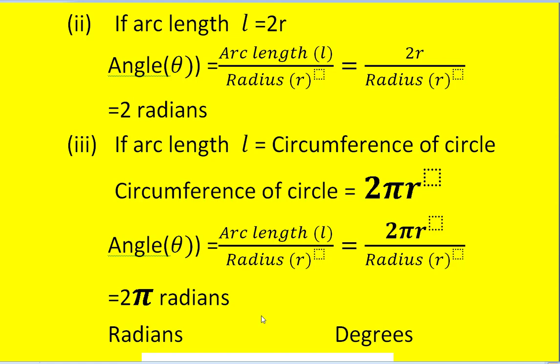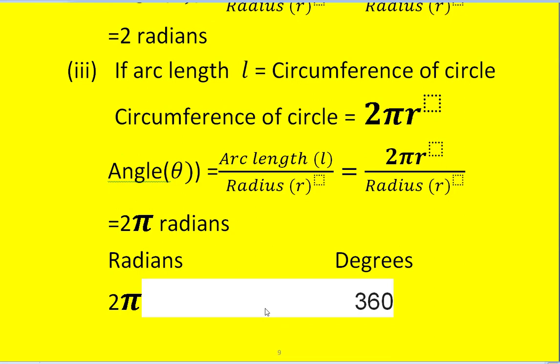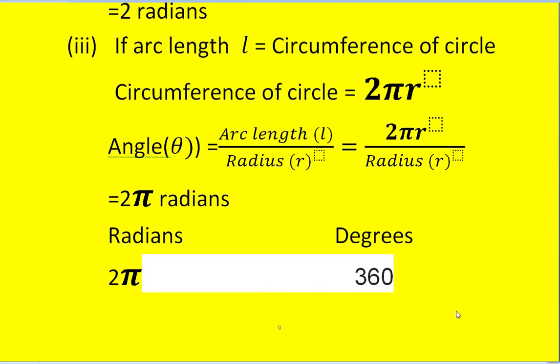So depending upon the arc length, we get different plane angles. Let us see the relation between radians and degrees.